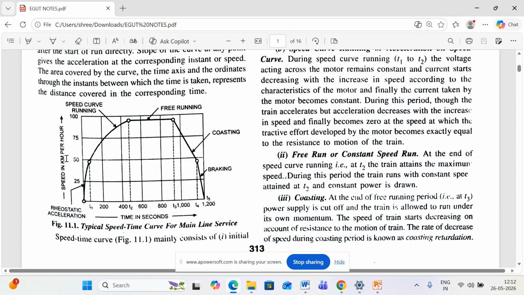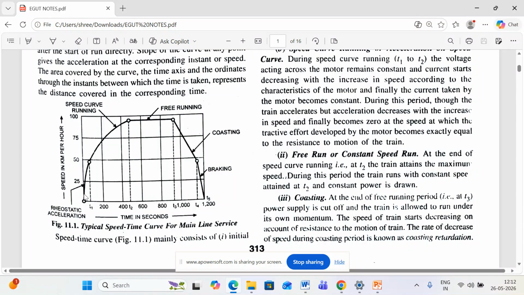From kilometer per hour, we can convert it to meter per second, I will let you know later on. Here you have to understand that it shows the relation between the speed of the train or the vehicle with respect to time.